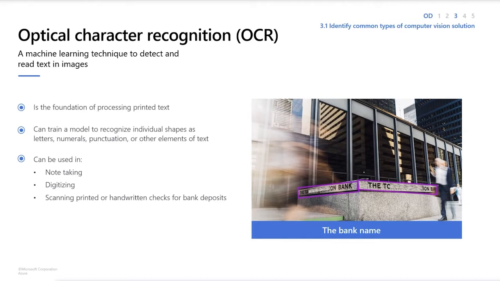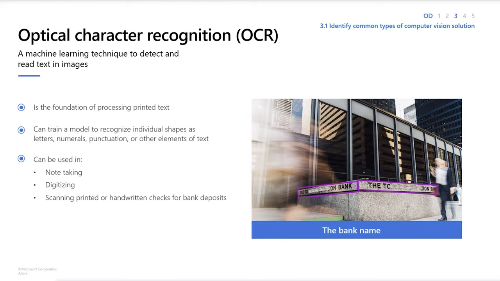So you have a model that's trained to recognize individual shapes, whether it's letters, numbers, punctuation, any other elements that could be included in text. Now this is really handy in note-taking or if you have to digitize forms, maybe medical records or historical documents. Or you can actually scan printed checks or handwritten checks for bank deposits. I know I use that at my own bank.